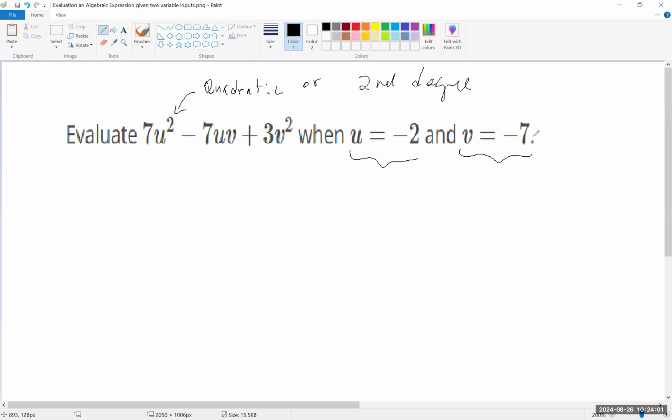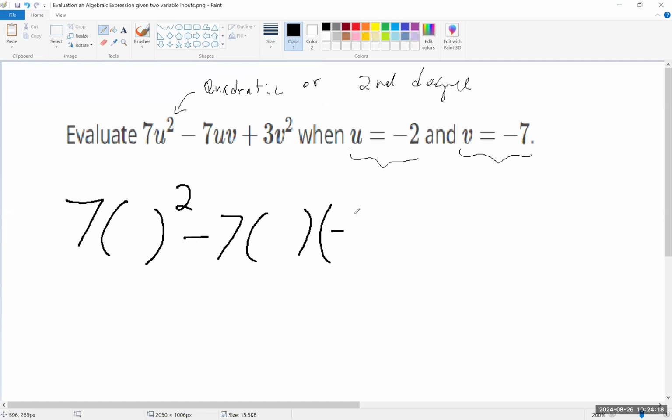When they say evaluate, they're asking you to substitute. Okay, so then knowing that, let's do the substitution. Instead of u, I'm gonna plug in the -2. And instead of v, I'm gonna plug in the -7. Oh, got ahead of myself there.